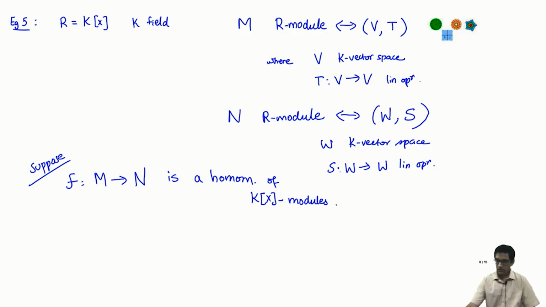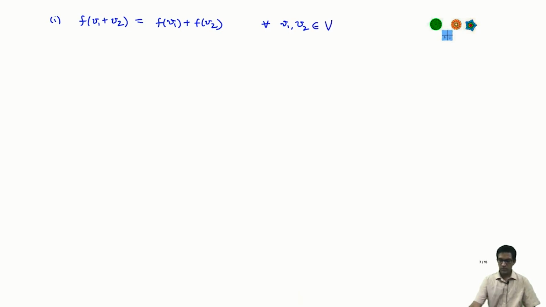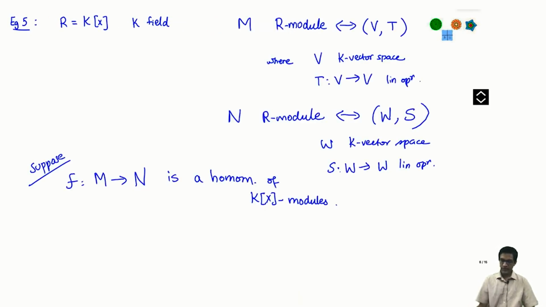Now let's go to the next page. So observe that it just means that I have the additivity property. So this means two things. Number one, f of v1 plus v2 for all v1 and v2 in V. So notice that when I say M and N are given by V and W, recall, V and W are the underlying spaces.